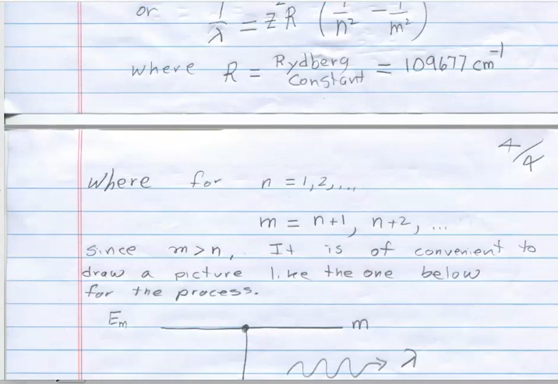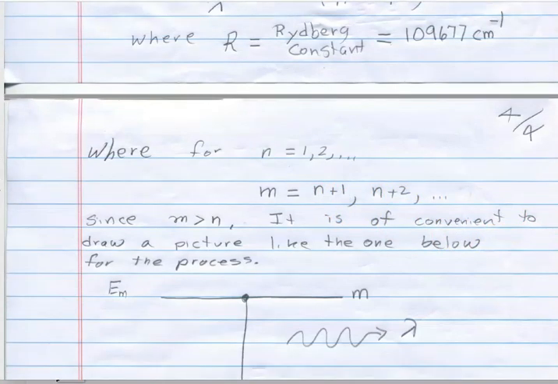Now, as we said, m has to be above n, and so if the lower level state is 1, 2, 3, etc., then m has to be one of the numbers that's higher than whatever the value of n was. So it has to be at least one level higher, since m has to be greater than n in this picture.